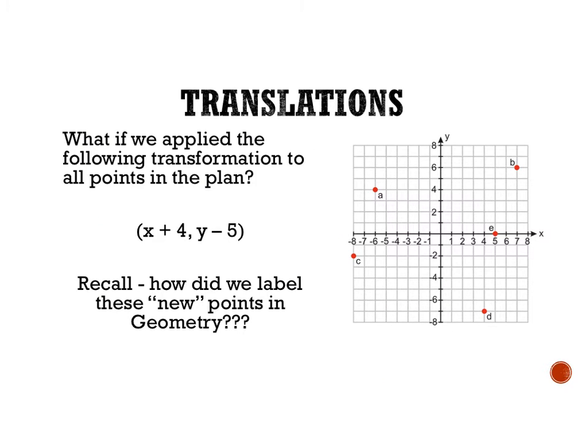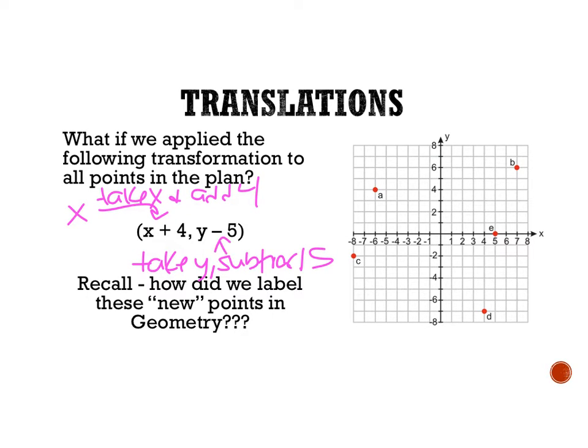When you see a translation, it will commonly be written in this form right here. What this is saying is, whatever x is, you take x and add 4 to that x coordinate, and then you take y and subtract 5 from that coordinate.